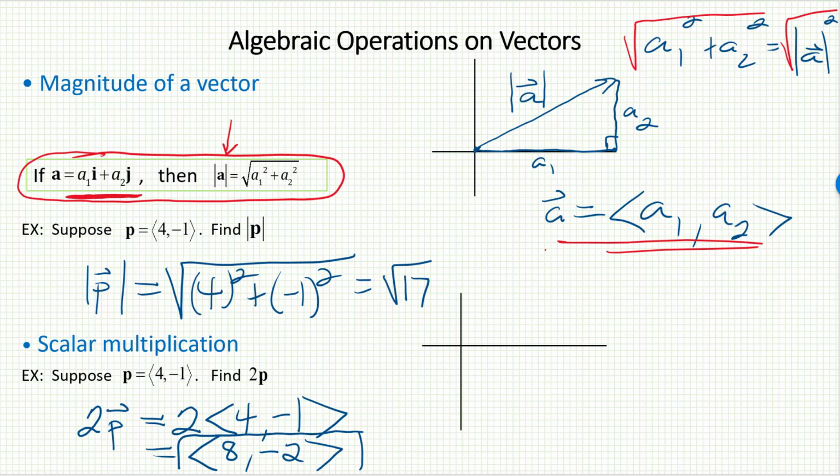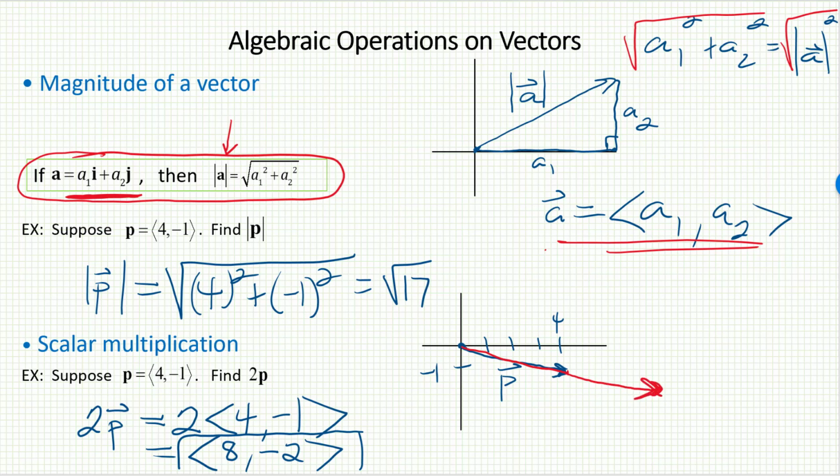You can see that this has to be the case by drawing a quick picture. Here would be the vector 4, negative 1, starting at 0, 0, and ending at the point (4, negative 1). So that's vector p. We already know that vector 2p visually is a vector traveling in the same direction whose length is twice as long.